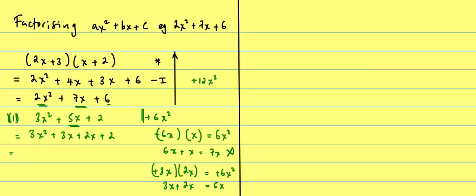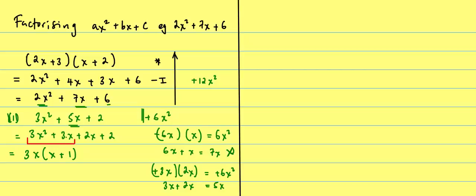Now we're going to go ahead and factorize this by grouping the terms in pairs. You will notice that in the first pair, the two terms here have got a common factor of 3x. So if I go ahead and pull out a 3x, I'm going to be left with x plus 1.